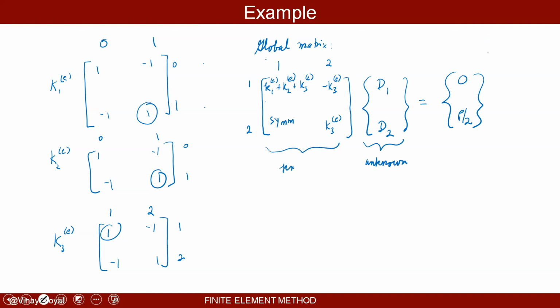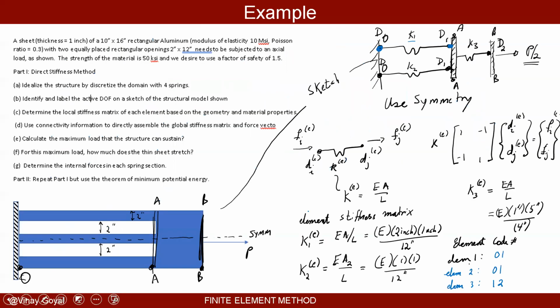All right, because this is all at the global level, it's not at the element level. So we need to include the forces, and the only force that we have in this structure happens at the third node, where we have the displacement number 2, or the second active node.